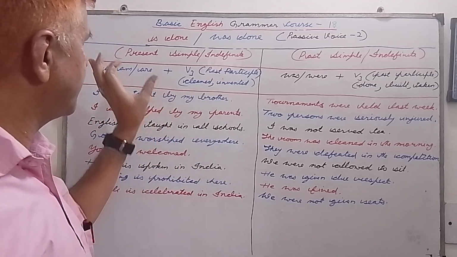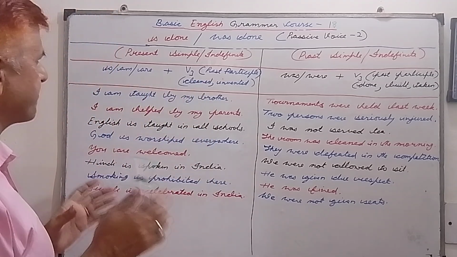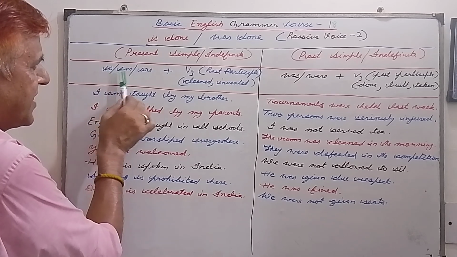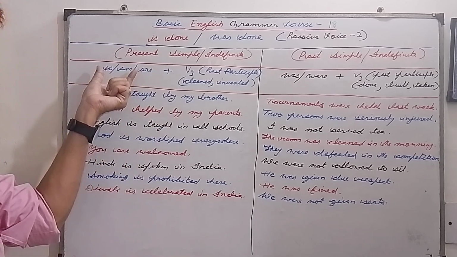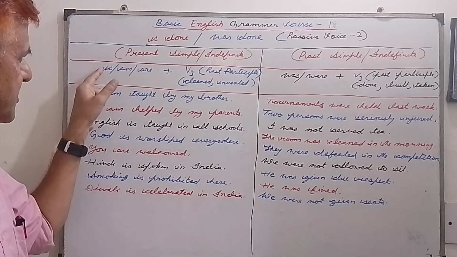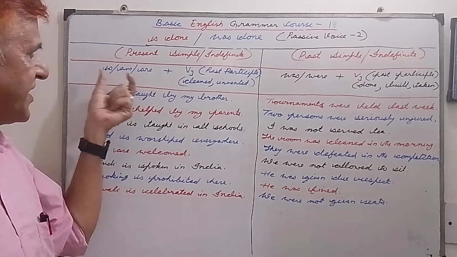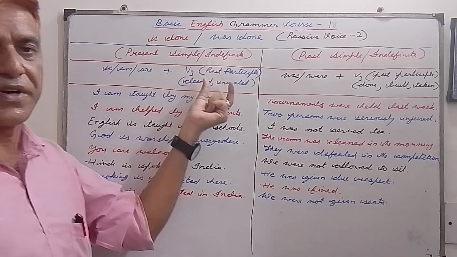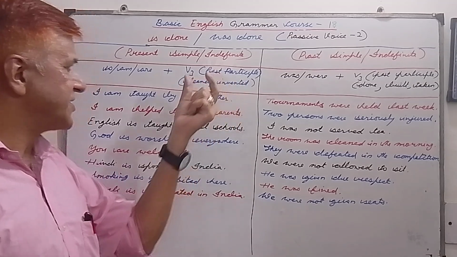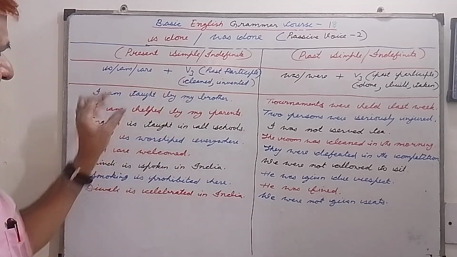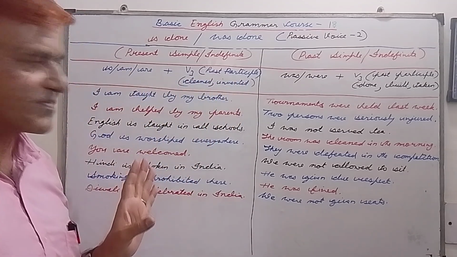So now we will study present simple. I have told you that is, am, are, you will use either is or am or are depending upon the subject, and the third form of verb you use. So we will study these things through tenses.